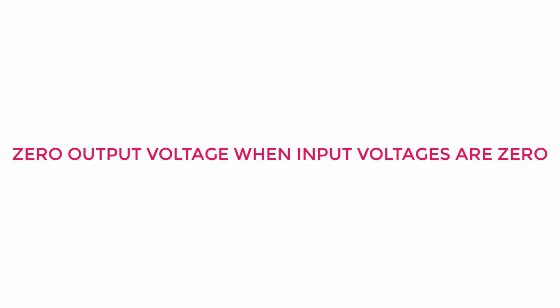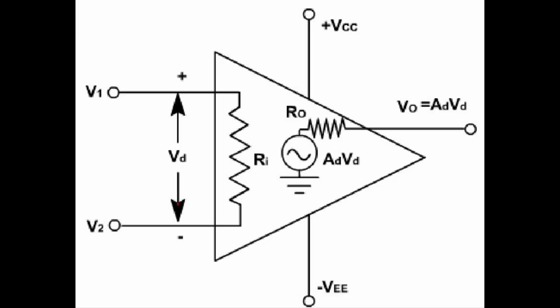Zero output voltage when the input voltages are zero. As we know, the output voltage of any operational amplifier is the difference in input voltage multiplied by its gain. If the input voltages are zero, the difference in input voltage is also zero. When zero gets multiplied by the gain of the amplifier, the output voltage should also be zero.